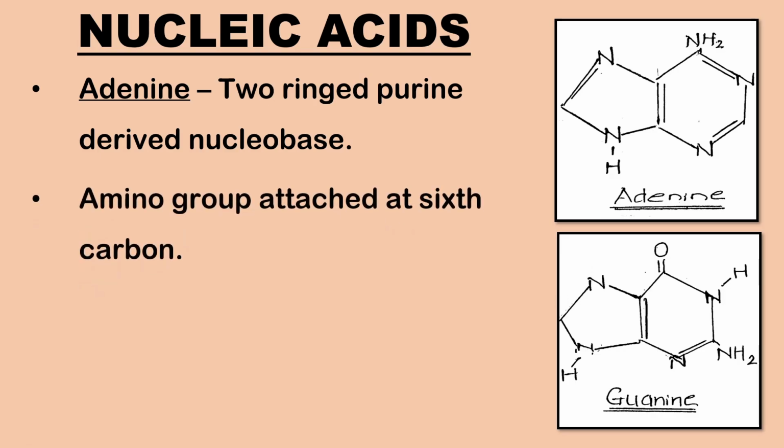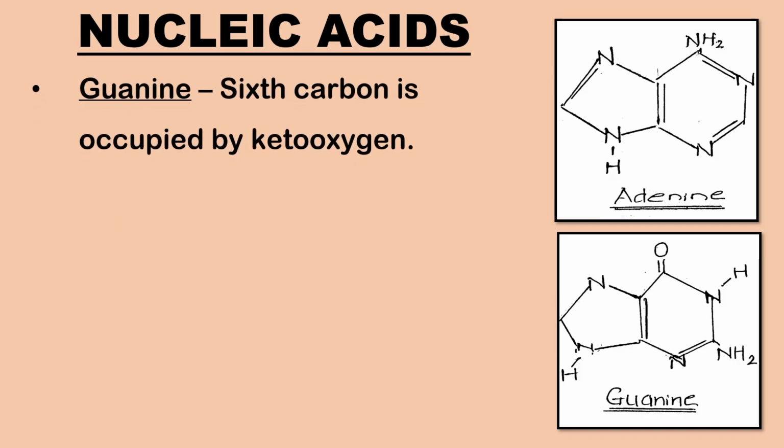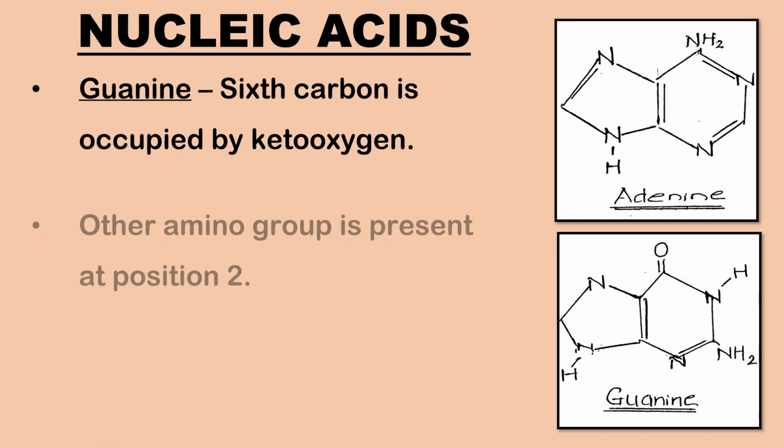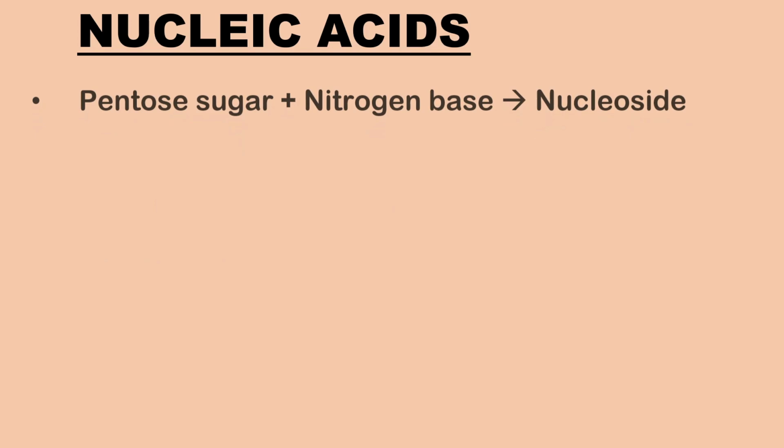It has an amino group attached at C6 position. In guanine, this position is occupied by a keto-oxygen. The other amino group is present at position 2.